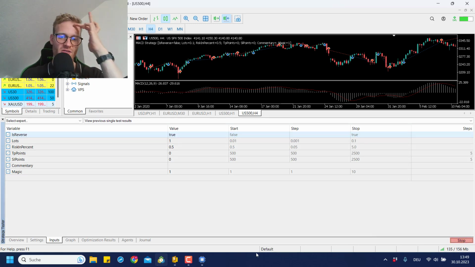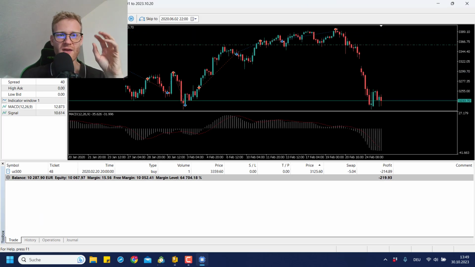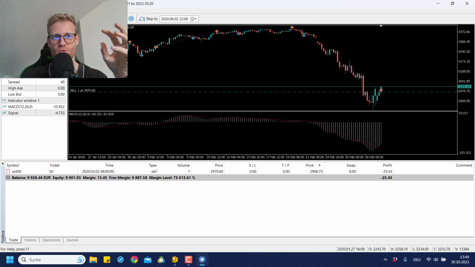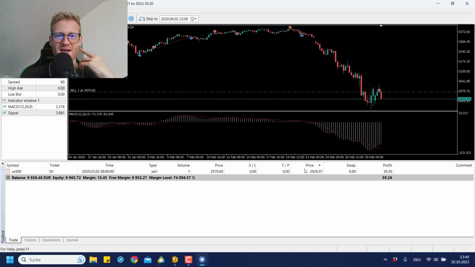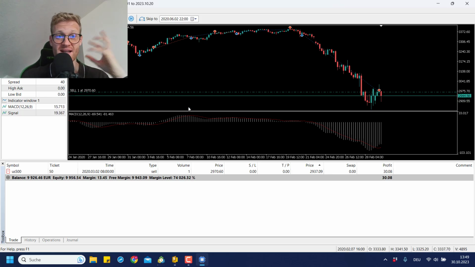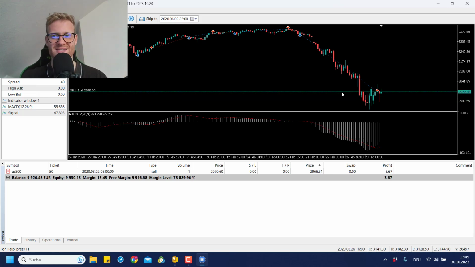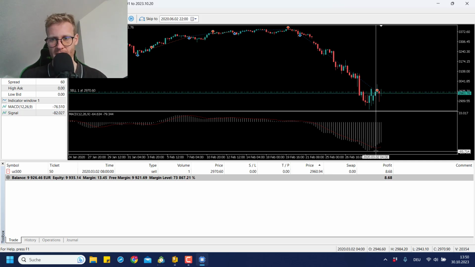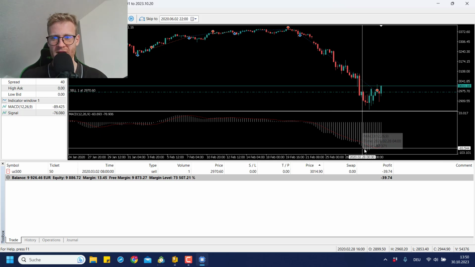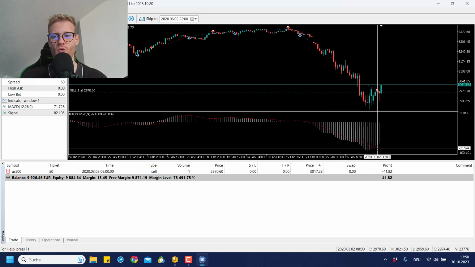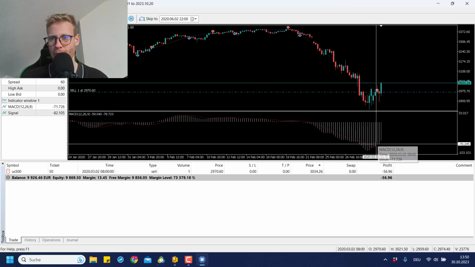So if we start the program again, it's pretty much still the same. So we're still trading US500, which is the S&P 500 index CFD, and we're still in the H4 time frame. But you can see here the main line of the MACD, which is again this histogram, it jumped above the red signal line, but we are not buying.